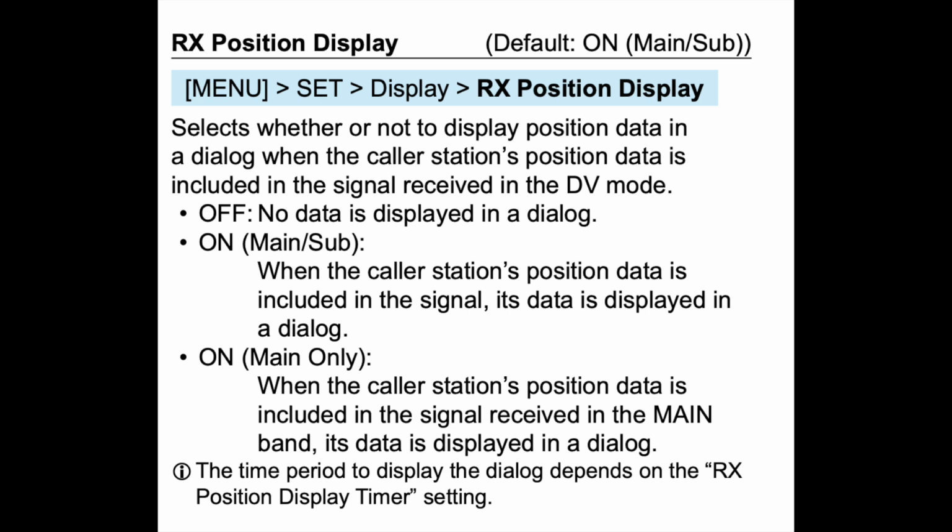And it's also tied in with another setting, receive position display timer setting. If you have it too long and there's several stations chatting about the same time, that display can fall behind. So you may want to be sure your timer is set short enough.